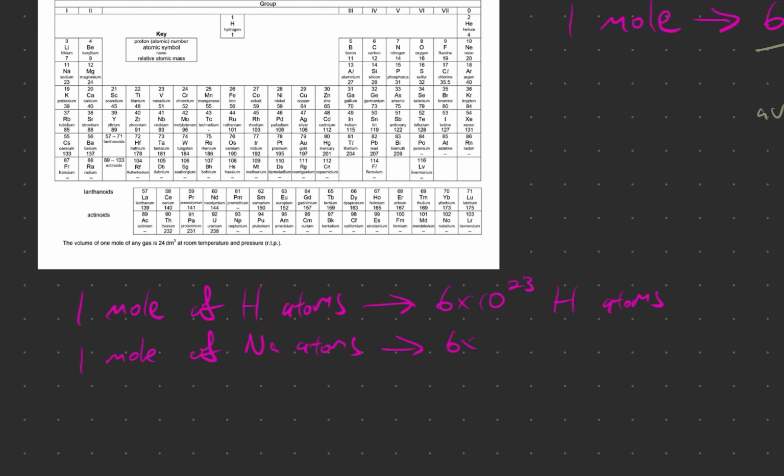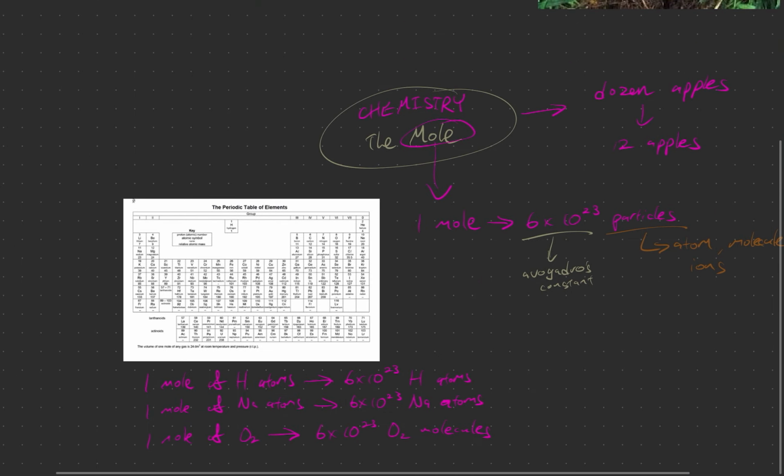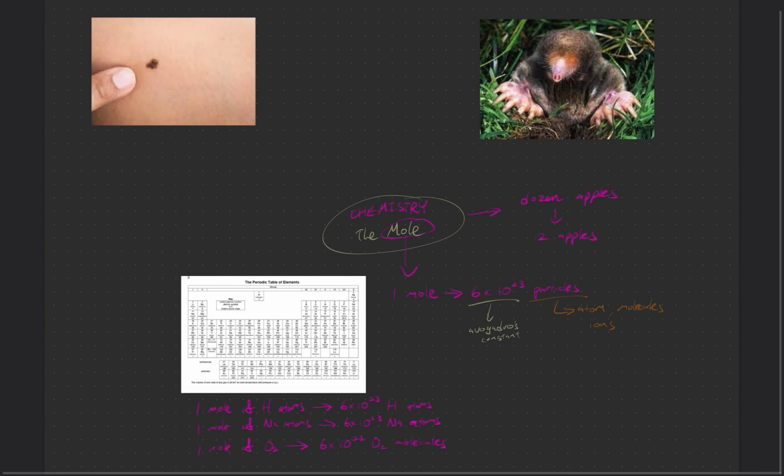That would mean I have 6 times 10 to the power of 23 sodium atoms. Let's say I have 1 mole of oxygen gas. That will mean I have 6 times 10 to the power of 23 oxygen molecules. So that's what a mole is.